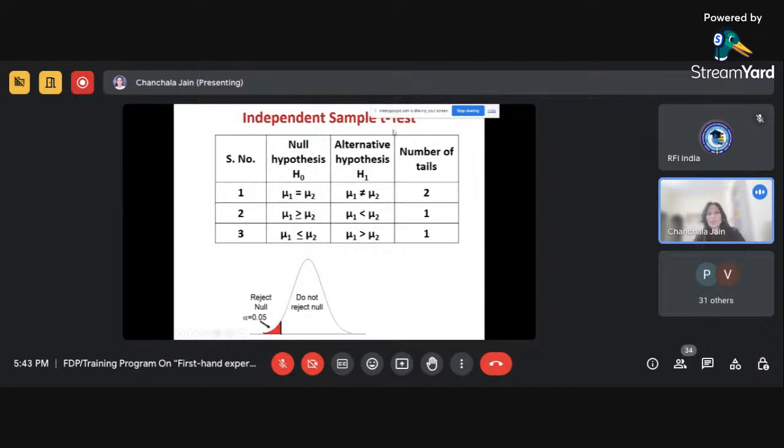In such a case, this is a case of one-tailed test hypothesis, right? And in such a case, your rejection region will fall either on the left tail or on the right tail. So this way we can represent symbolically the hypothesis of independent samples t-test.